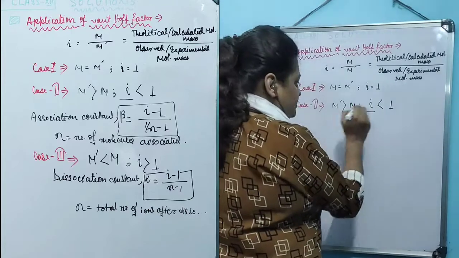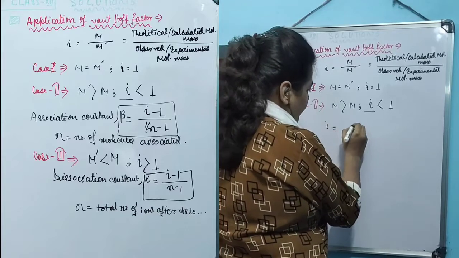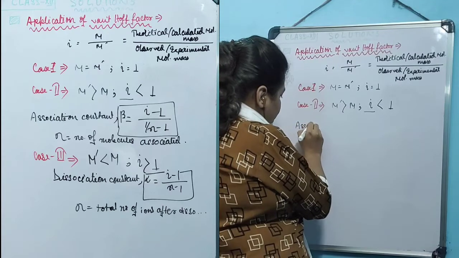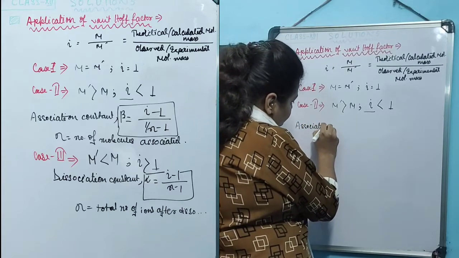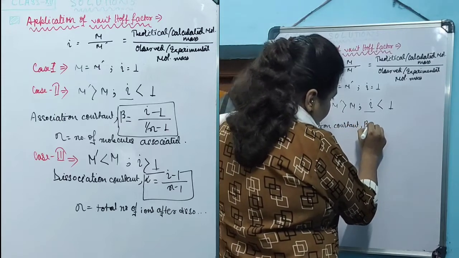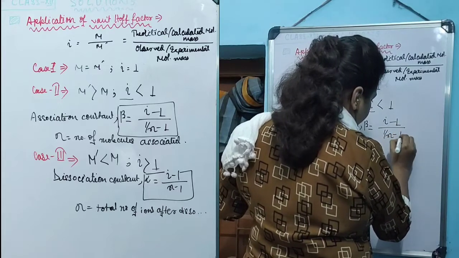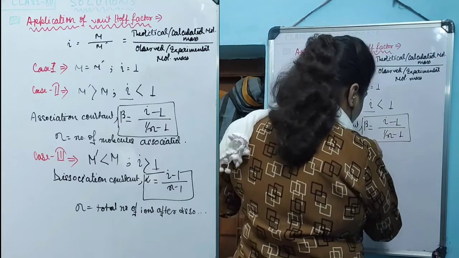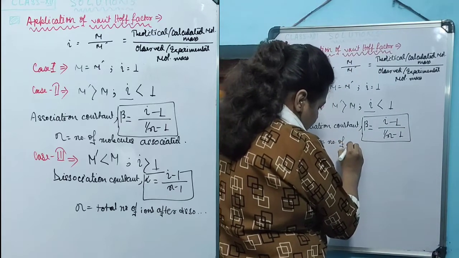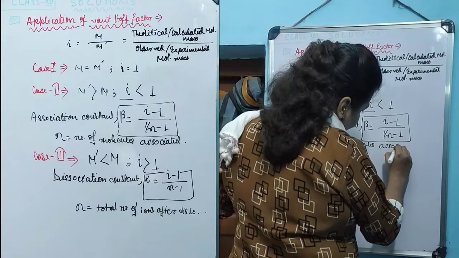And i for the association can be calculated with the expression: association constant beta equals (i minus 1) by (n minus 1), where n is the number of molecules associated.